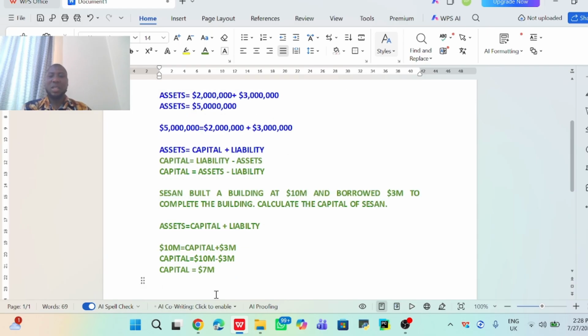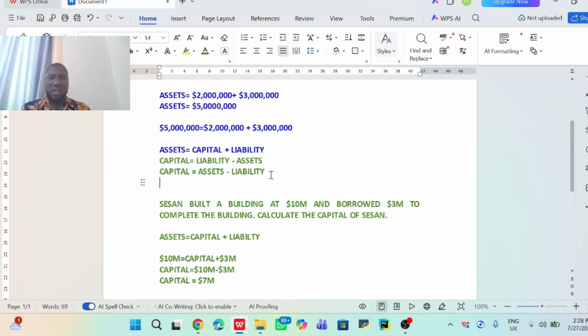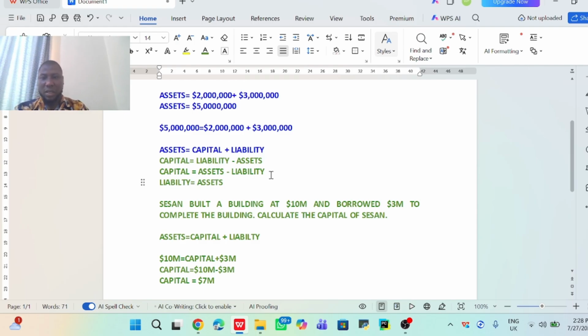So that is it about the accounting equation. We can also calculate our liability: liability is equal to assets minus capital or minus equity. So you will get your liability.